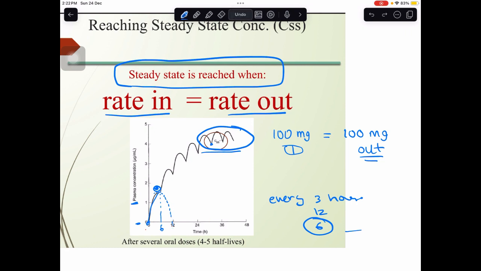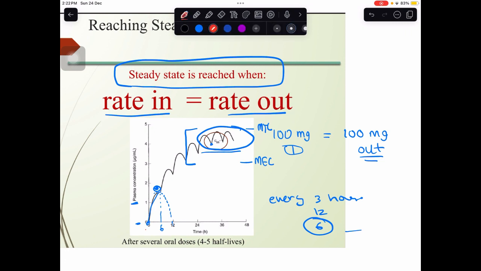In the steady state concentration, this is where I'm usually going to have my minimum effective concentration and my minimum toxic concentration. So this is the best thing that I want right here, because it's the therapeutic window or range, right? This is where I'm actually going to have the effect of the drug. So that's why we have the idea of taking the drug after this much amount of hours.